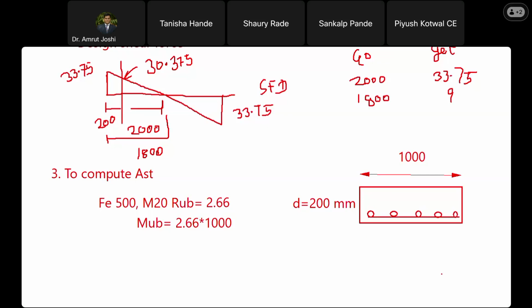So reinforcement is going to be there in both directions, and D is 200 mm. So let me calculate MUB: 2.66 into 1000 into D square. What is D? 200. So into 200 square. Happy? Yes, sir. So how much is this MUB? Tell me. Sir, 106.4 into 10 raised to 6.